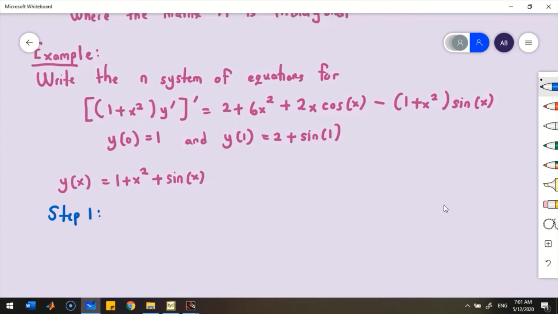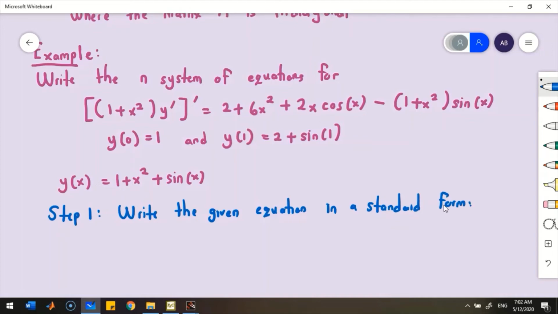is to write the given equation in a standard form. Okay, what is the standard form?